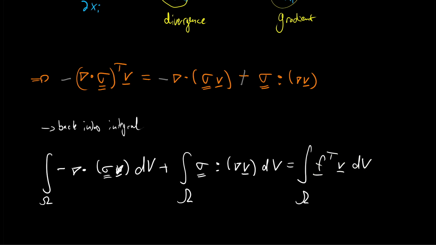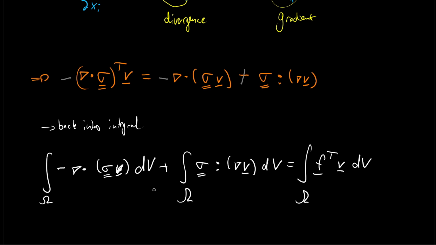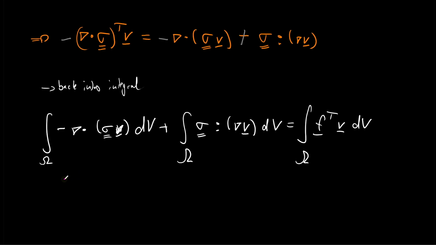This step was called integration by parts, but so far we haven't done any integration by parts because technically, if you look at it here, we still have an operation where there is a spatial derivative on sigma. In the second part here, we already moved it over to the test function v, but here there is still one. But luckily, there is the Gauss or divergence theorem, which we can apply here.